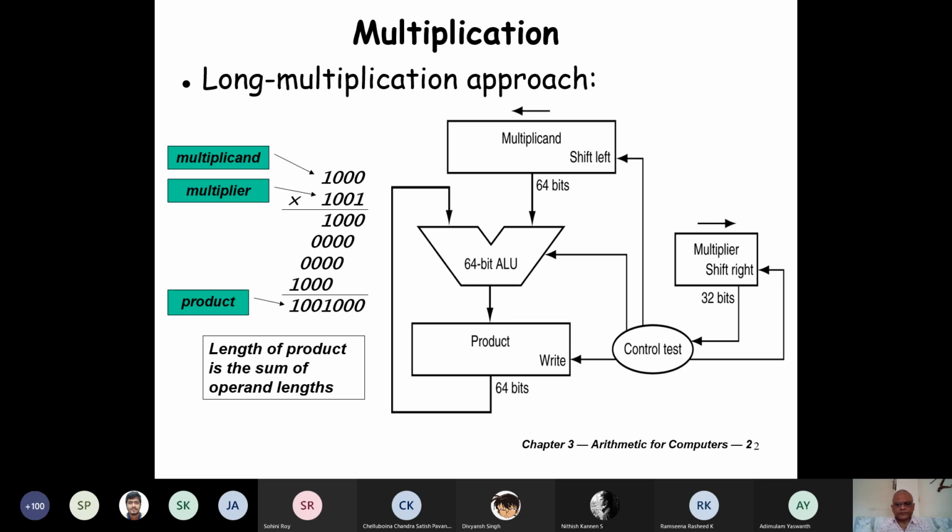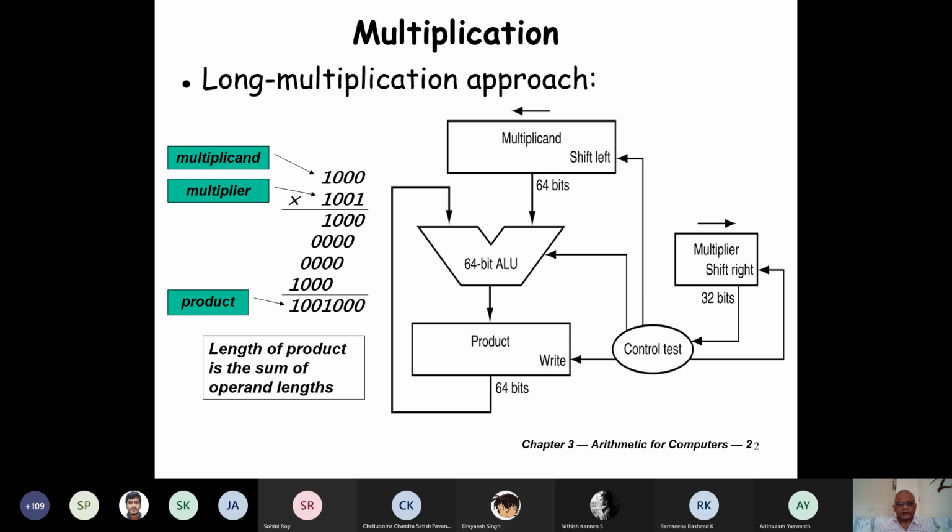Now this is the algorithm. Request you to write the pseudocode for this algorithm. It's not there in the book actually. The pseudocode, how the binary multiplication is carried out, but what we have is a flowchart. We'll just look at the flowchart.